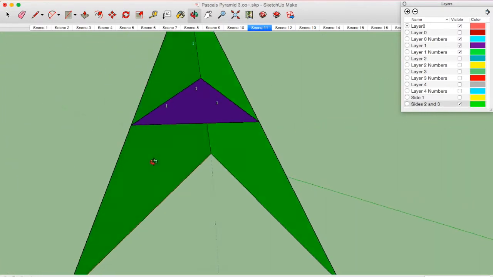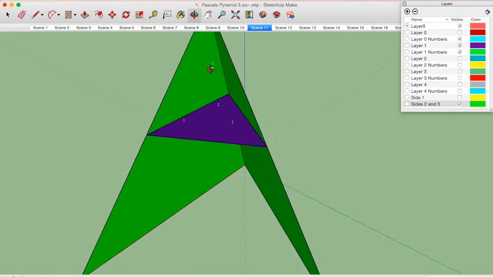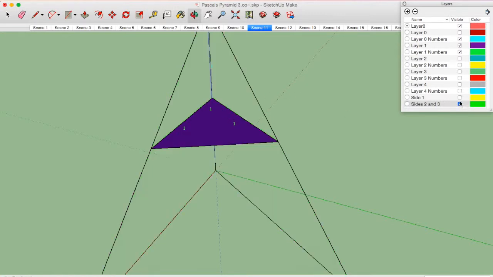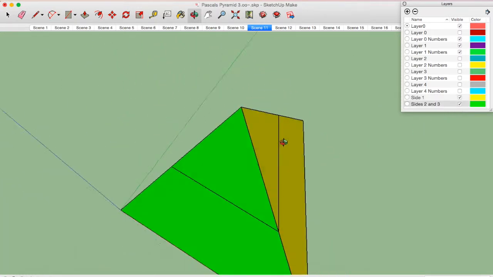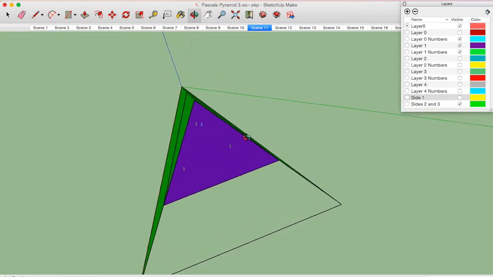It's Pascal's triangle, but we're looking at it from the inside rather than from the outside.